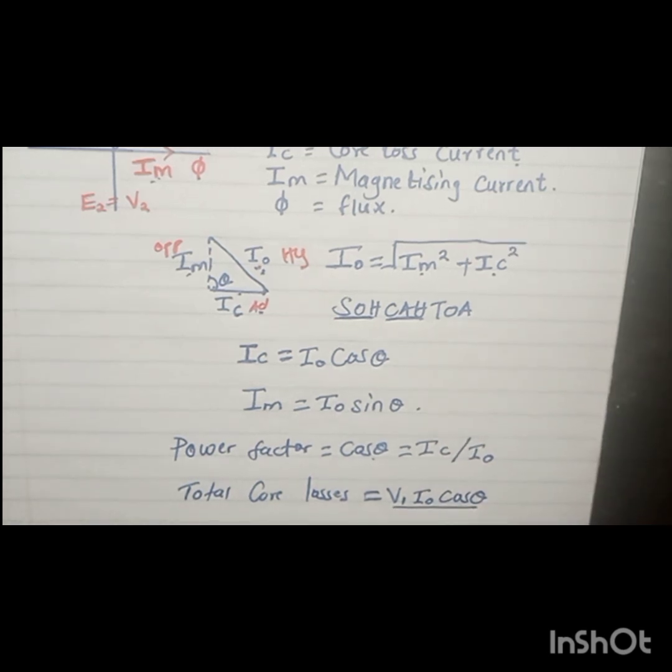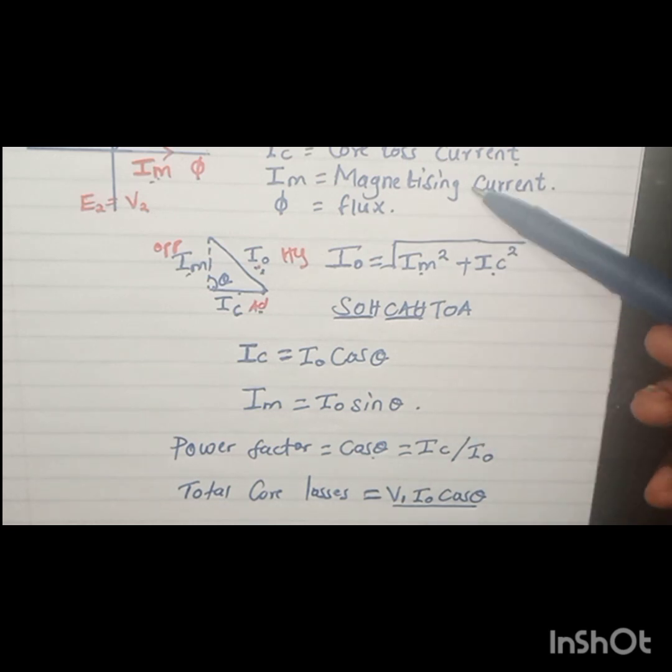That's what we have. So we know the parameters from the phasor diagram of a transformer. That means if I am given a question asking me to get the core loss current, the magnetizing current, or the power factor, I can use all these parameters to calculate the unknown.